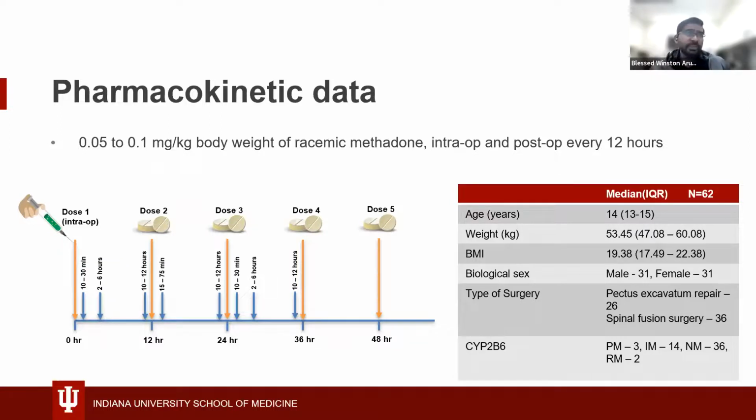So this was the pharmacokinetic data. The patients were given 0.05 to 0.1 milligram per kilogram body weight of racemic methadone, and intraoperatively, if you could see the first dose here, all the orange arrows are the doses, and the blue arrows are the points at which we sampled concentration.